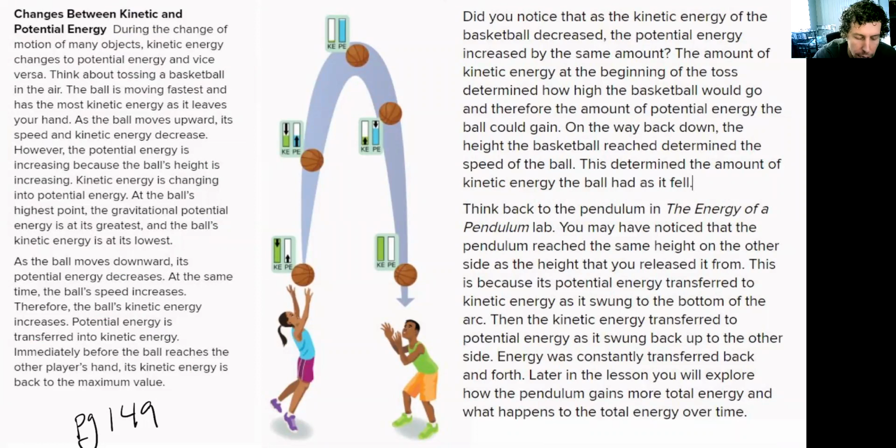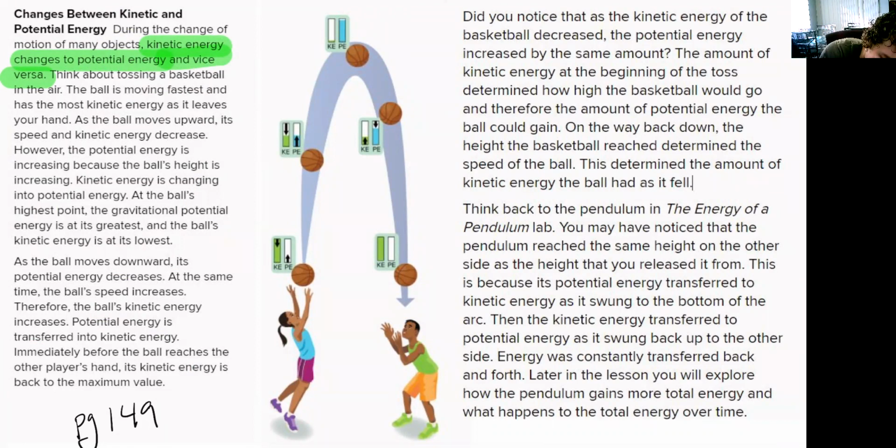Changes between kinetic and potential energy. During the change of motion of many objects, kinetic energy changes to potential energy, and vice versa. Think about tossing a basketball in the air. The basketball is moving fastest and has the most kinetic energy as it leaves your hand.